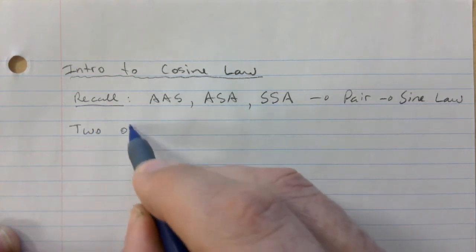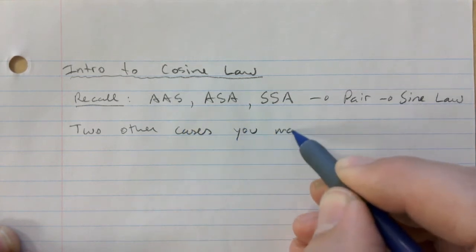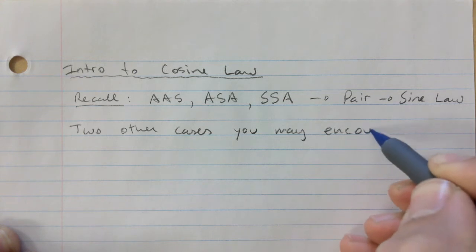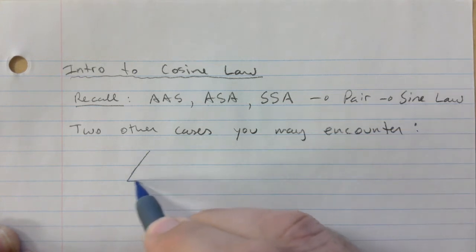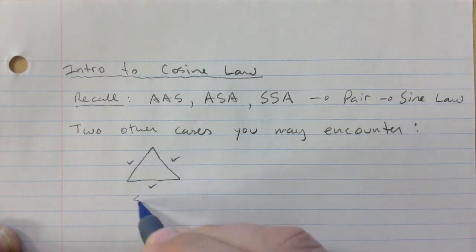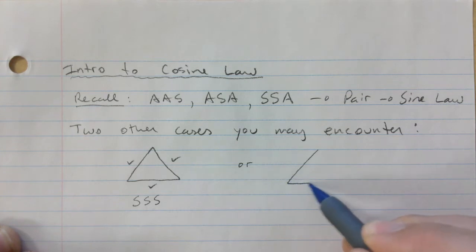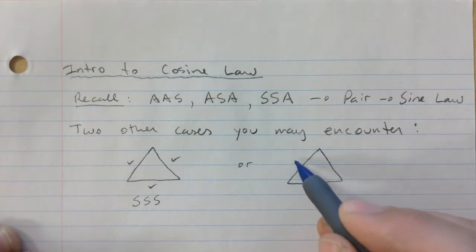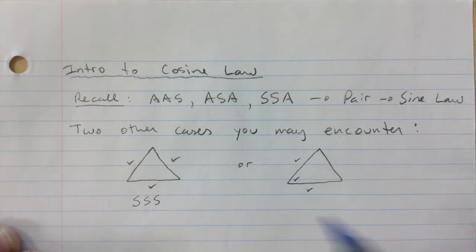Two other cases you may encounter would be the triangle where all three sides are known. It's called the SSS, right? Side, side, side. Or a triangle where you will know two sides and the angle in between them. This is called SAS, okay?